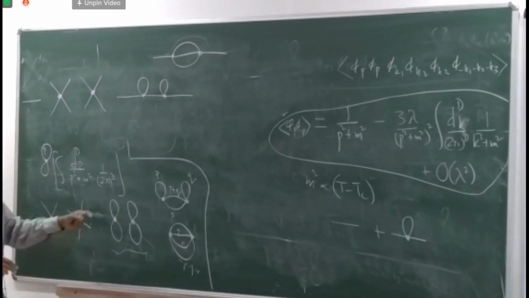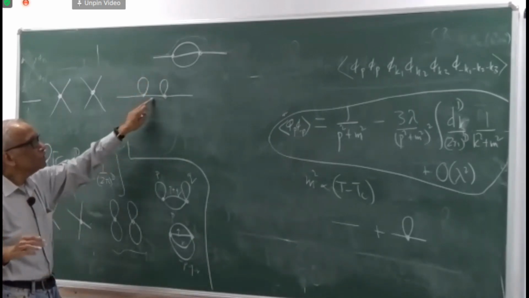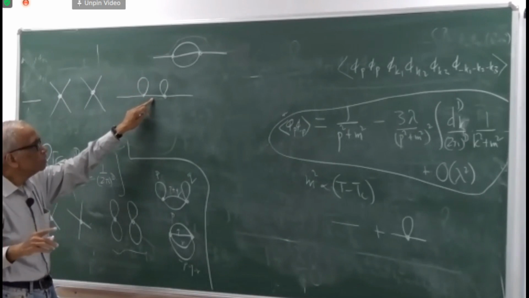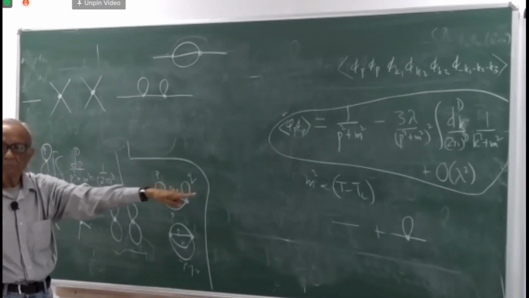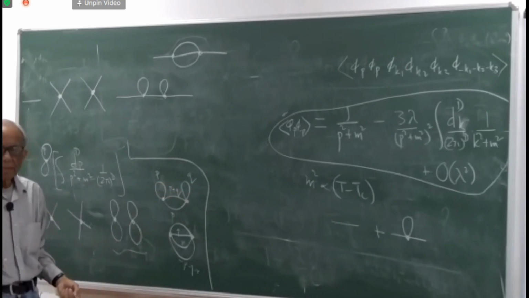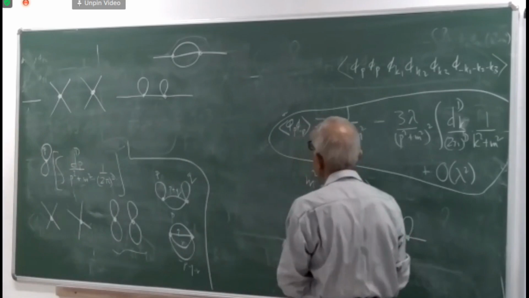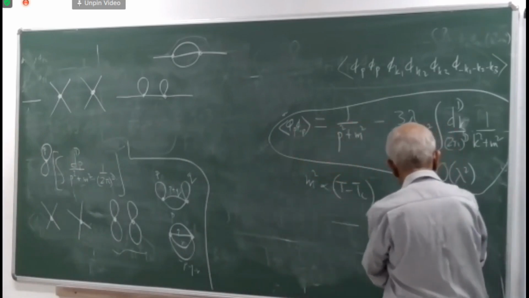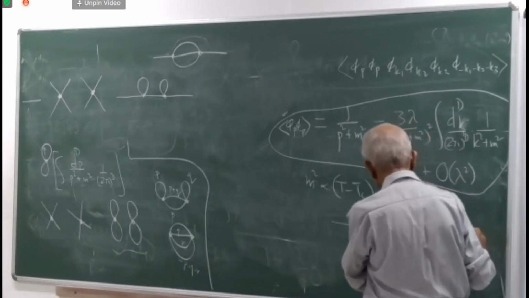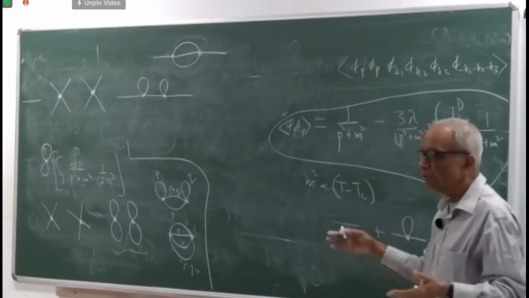So there is this. This is not new. It is the geometric series formed out of that. So this is simply telling you that there will be diagrams of this kind at all orders, and they will sum according to a geometric series.